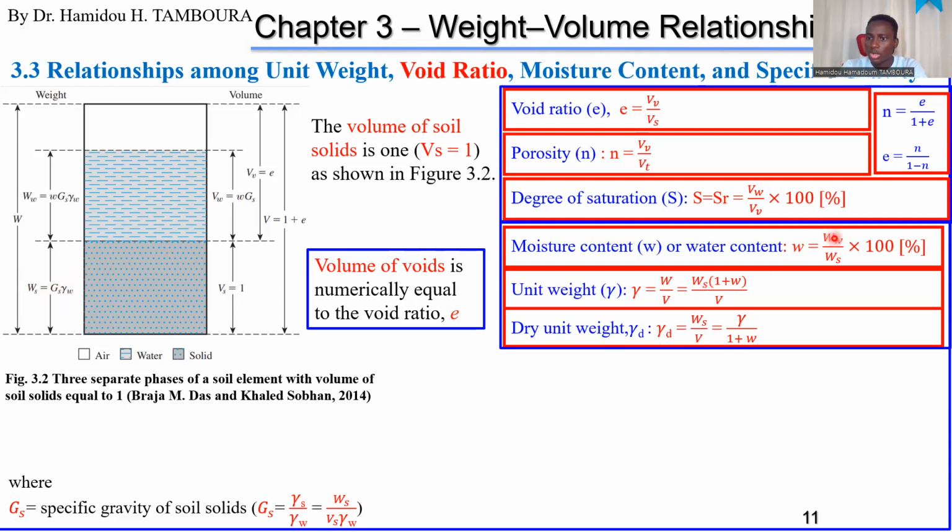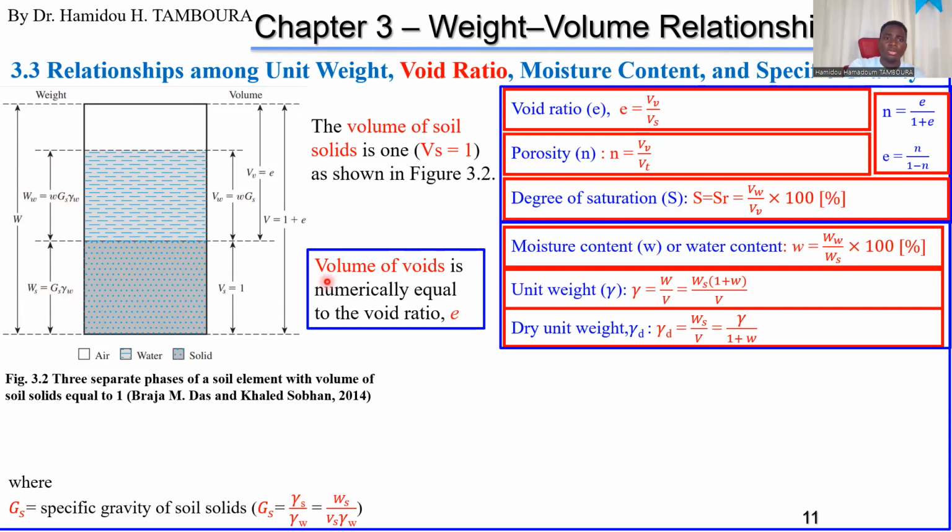So since weight of water is W, water content, multiplied by weight of solid, we will multiply this weight of solid by W, the water content, and we get the weight of water like this. Okay, that's why you see the only difference is W, the water content, because weight of water is water content by weight of solid. Okay, so we have weight of solid, we have weight of water.